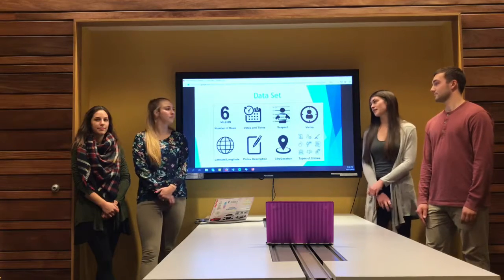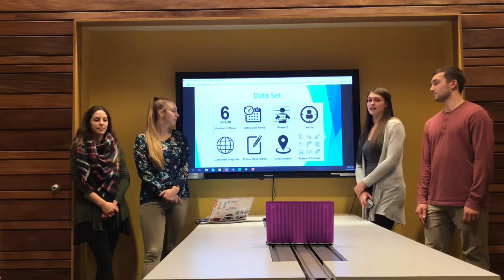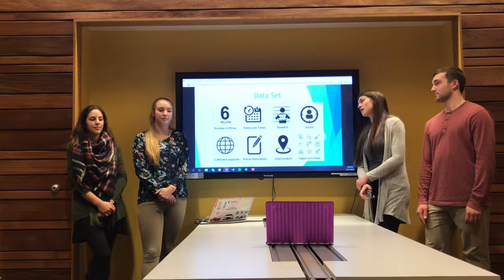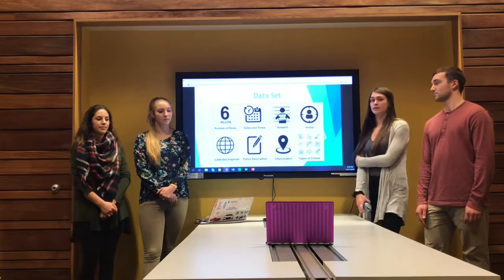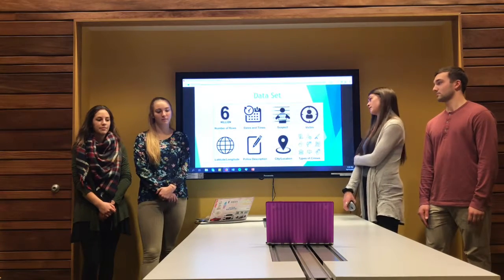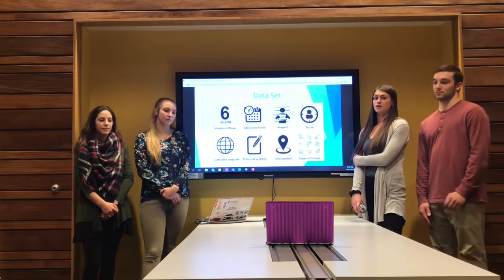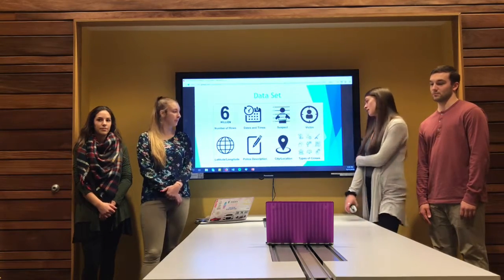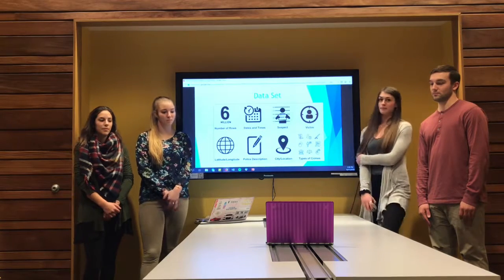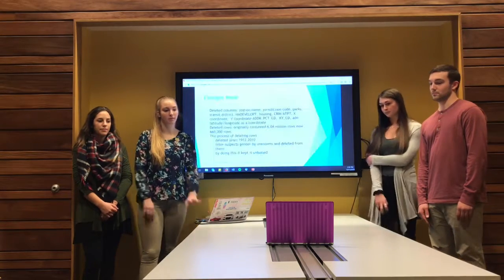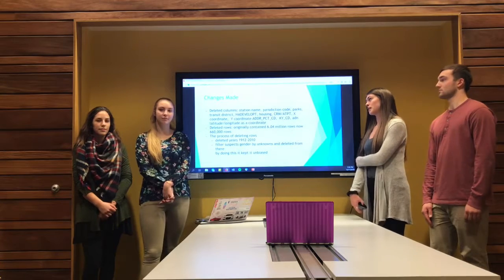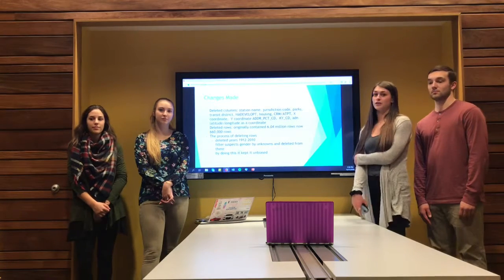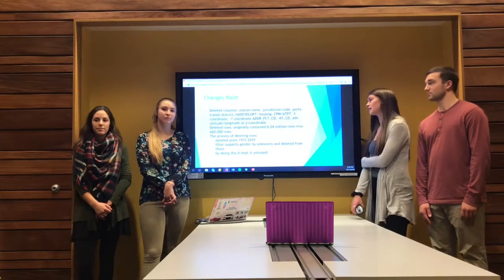So going into the data set, as Caleb mentioned, the data set had 6 million rows to work with. It included dates and times, information regarding the suspects as well as victims, the latitude and longitude of where the crime occurred, the police description, as well as the city and location and the type of crime that was committed. So going into the changes we made, it had 34 columns, so we had to delete a couple.